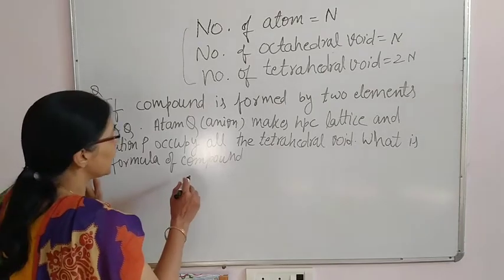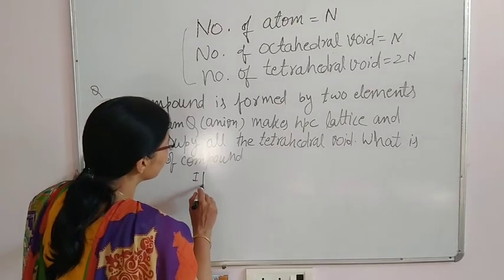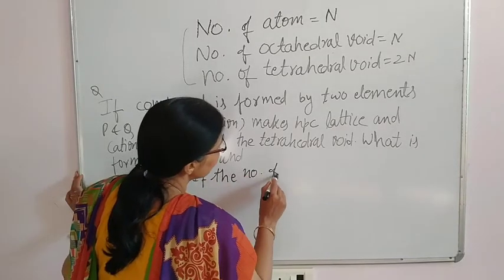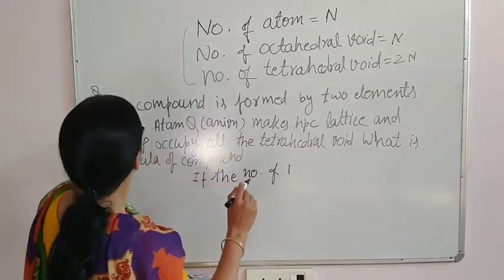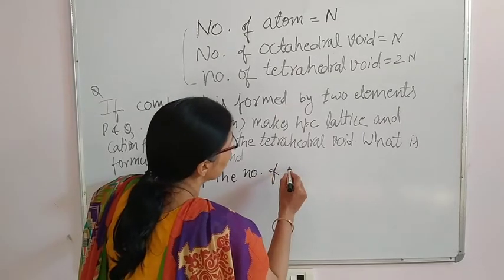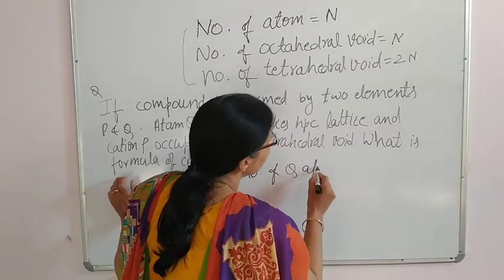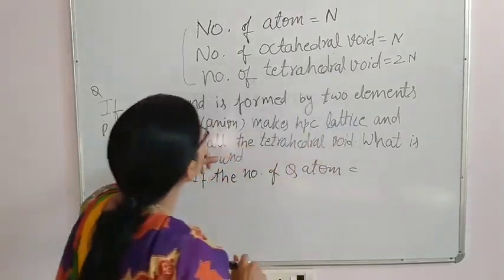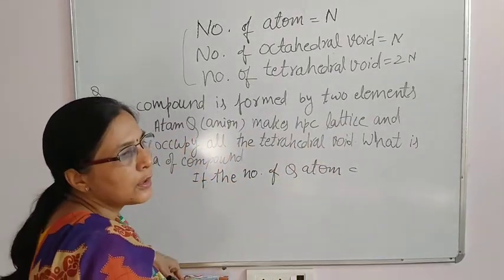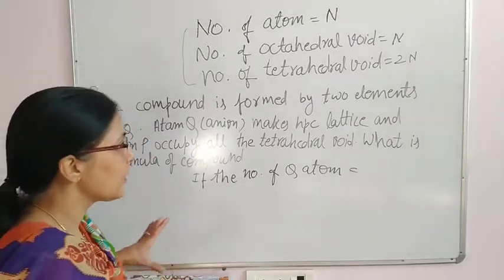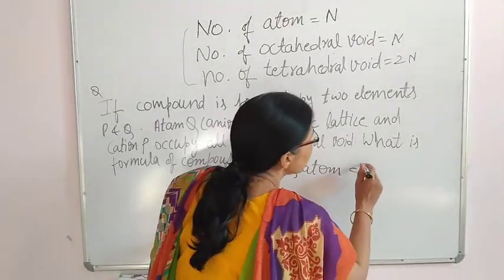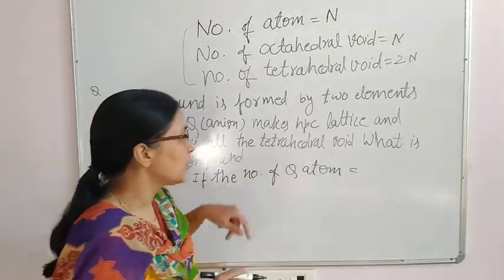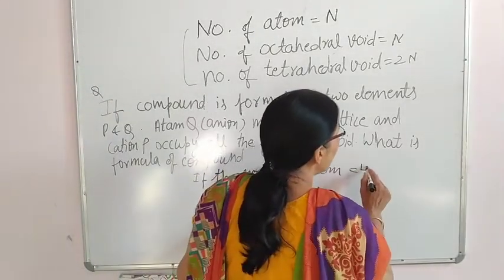So first I will take the number of Q atoms, the anion. You know that in HCP the number of atoms is 4, so I am taking the number of Q atoms as 4x.